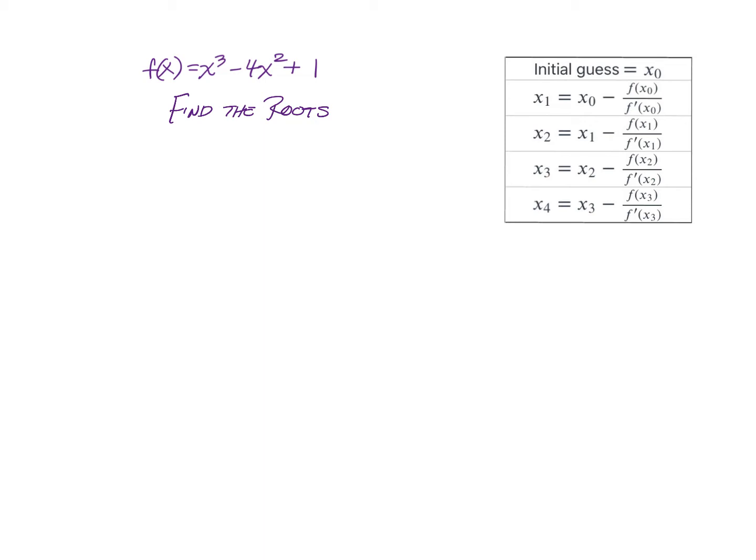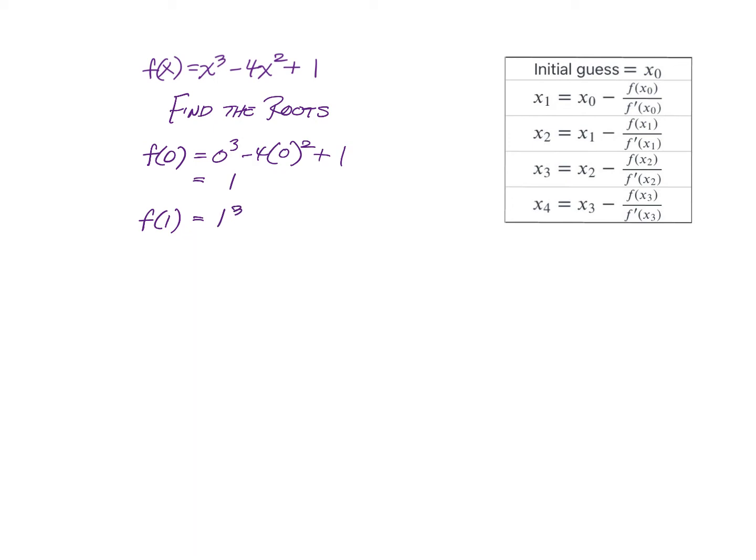And so I'm going to look first at what happens if I plug 0 into the equation. I get 0 cubed minus 4 times 0 squared plus 1, and that equals 1. And let's see what happens when I plug 1 into the equation.